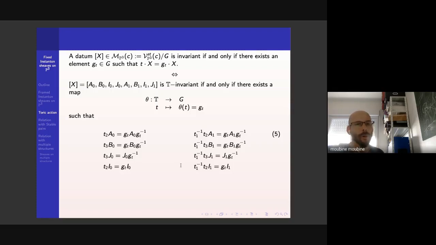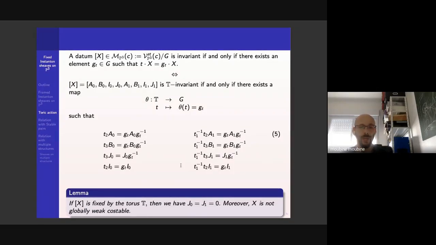What we can prove from this is that if X is fixed by the torus, then J0 and J1 are 0. So they don't appear. And moreover, this X is what is called globally weakly costable. What this stability condition means is that it cannot be locally free. So the cohomology of the monad will not be locally free.